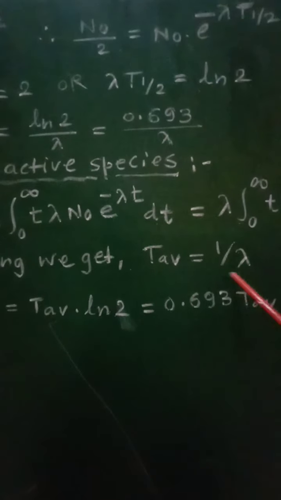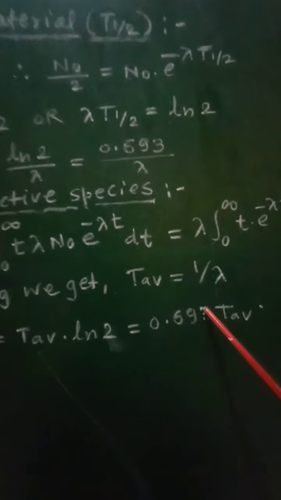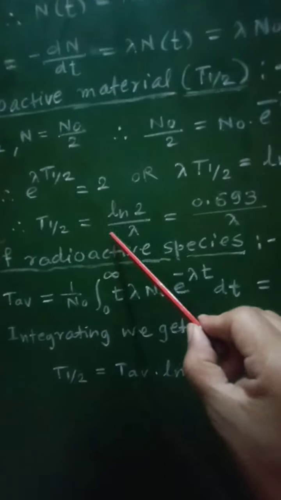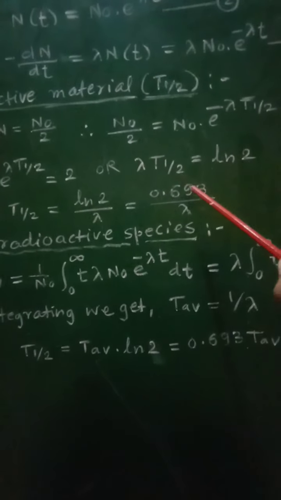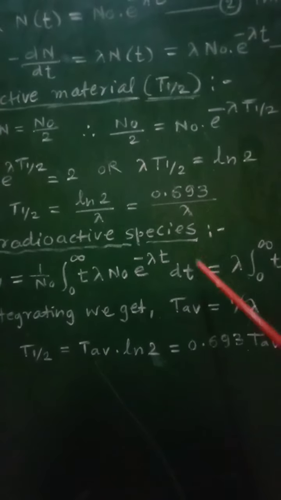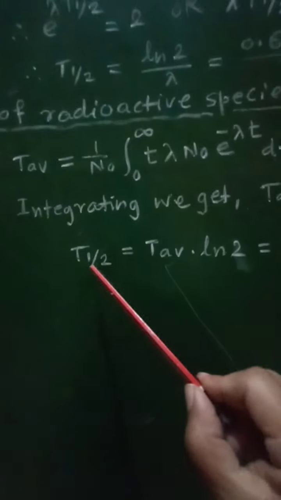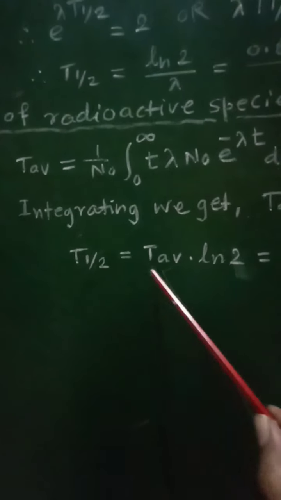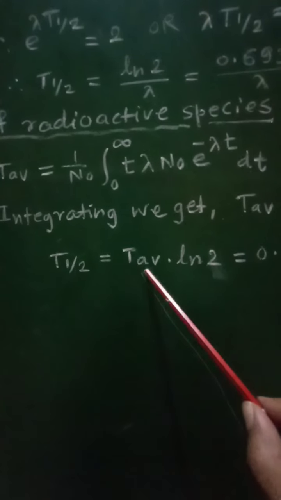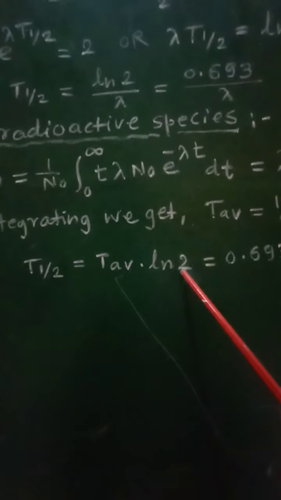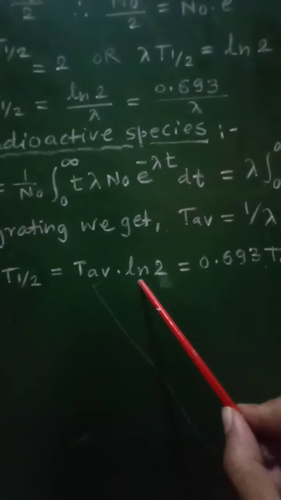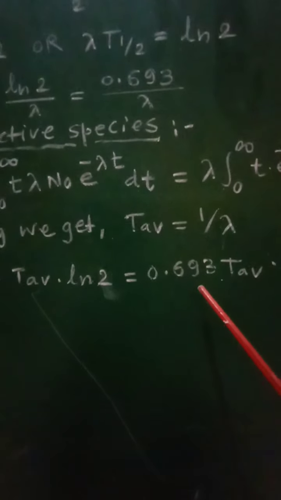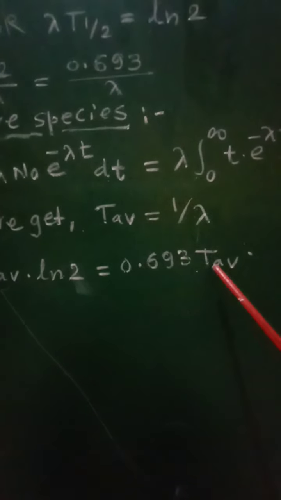Since t average is equal to 1 by lambda and half-life is equal to 0.693 upon lambda, comparing these two equations, we can write half-life time t half equal to average lifetime t average into log 2, that is, 0.693 into t average.